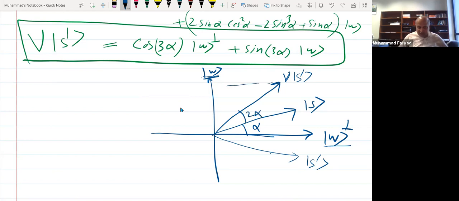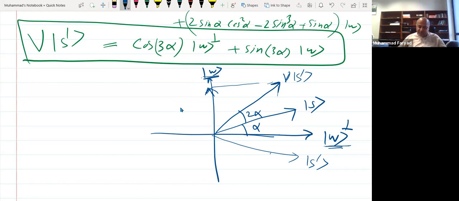Now you can see it has larger angle towards the solution, larger component towards the solution, and smaller component than before towards the axis that is not our solution. So essentially, if you think about this W, W perpendicular plane, Grover developed an algorithm that rotates the state vector from the axis that is not the solution axis towards the axis that is the solution axis.